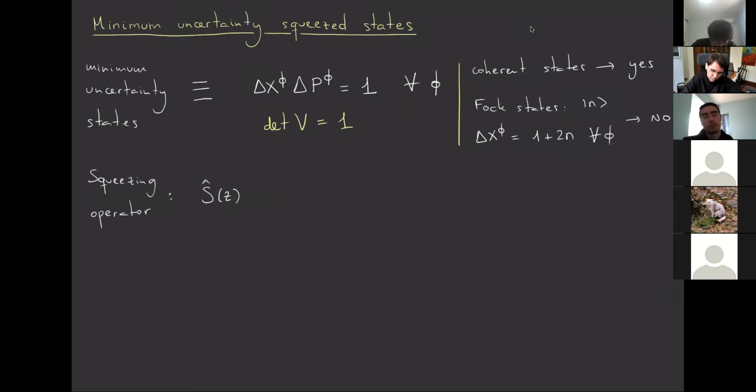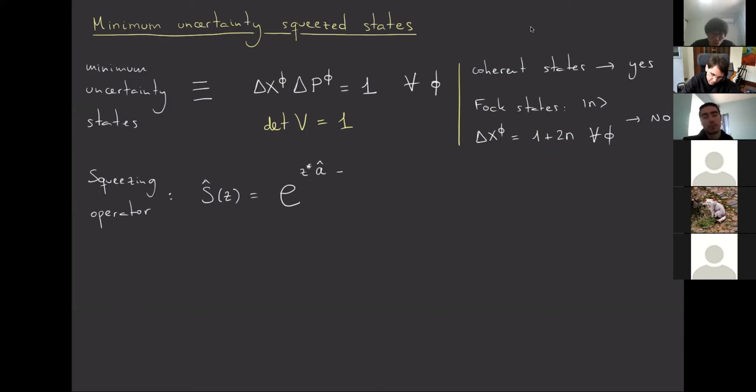So we will parameterize it with some parameter zeta, just like the displacement is parameterized with another parameter alpha. And this is very similar to the displacement. So it is exp of (zeta star a squared minus zeta a dagger squared), but with one important difference, that now instead of a and a dagger, we have a squared and a dagger squared, okay?